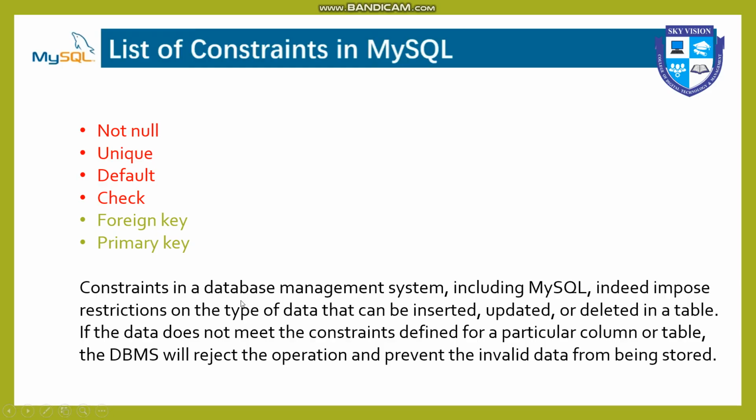Now see over here, the constraint means what? The constraint in a database management system, including MySQL, imposes restrictions on the type of data that can be inserted, updated, or deleted in the database.